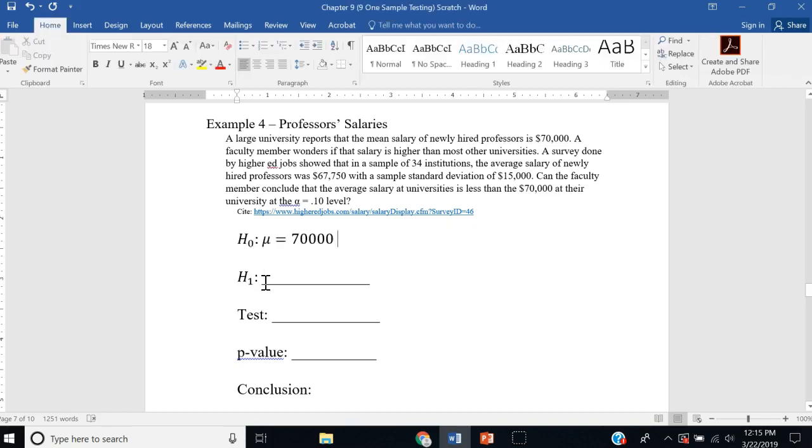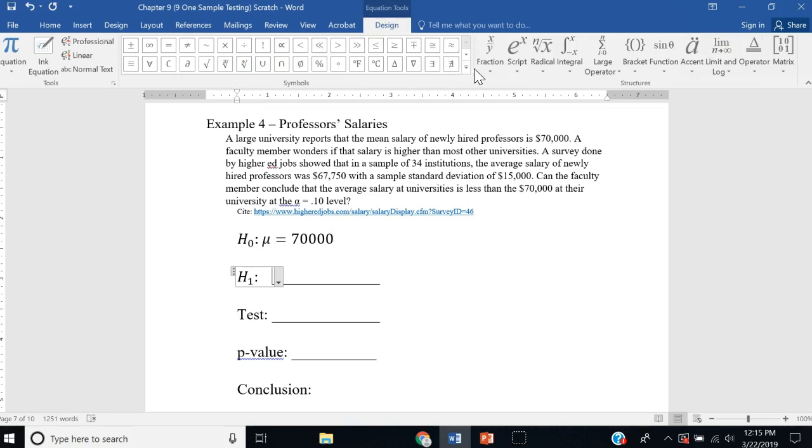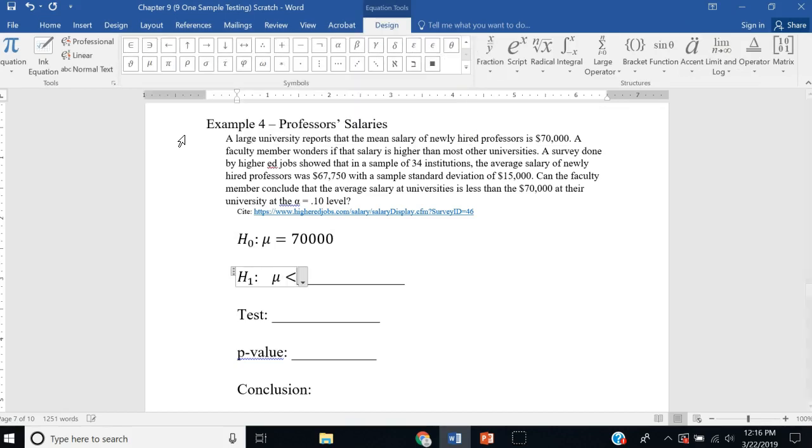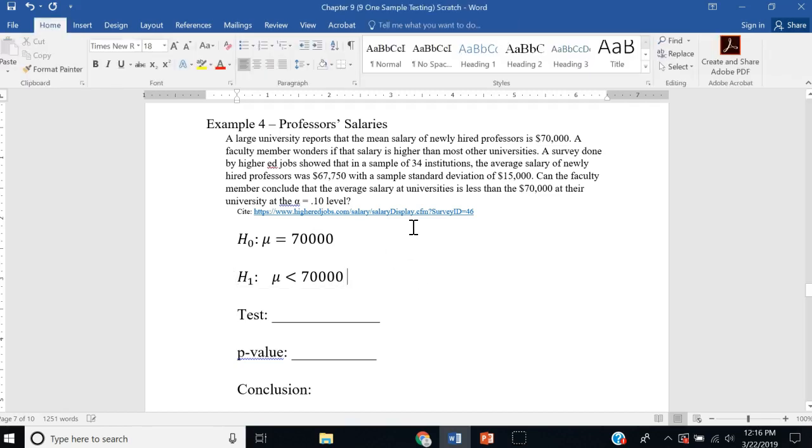The alternative should be that the average salary is less than 70,000. Again, this comes from the fact that in the problem itself, it says, can we conclude that it's less than 70,000, right? The test we're going to use is a t-test.